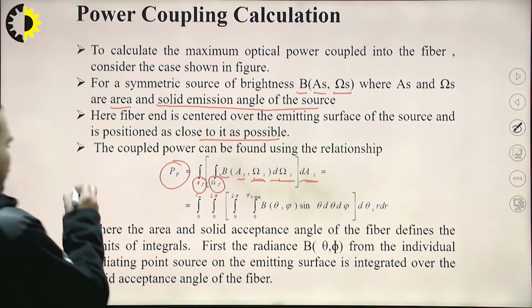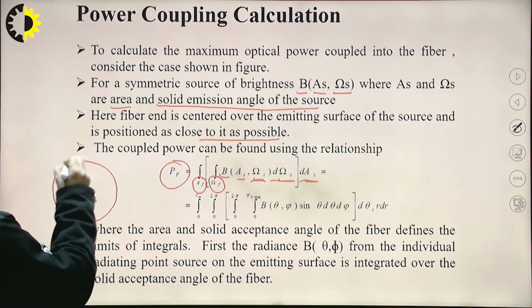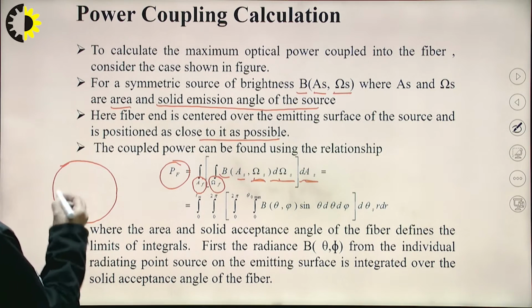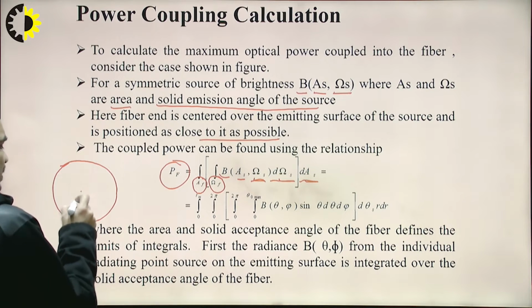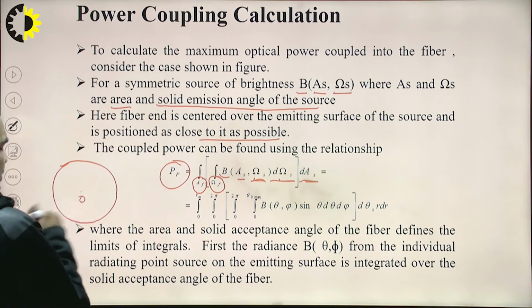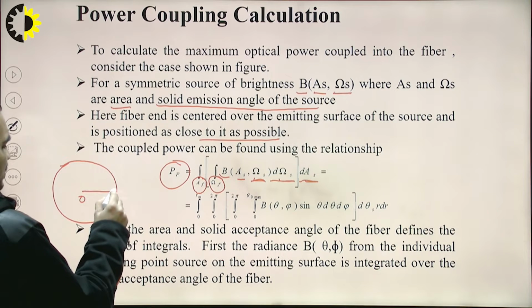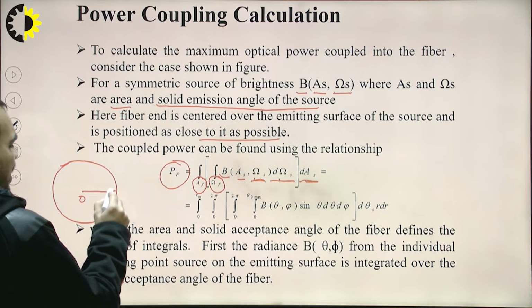The area of the fiber is nothing but a circle. Now we can find the area of the circle if we consider the center as 0, and the maximum radius is Rm.